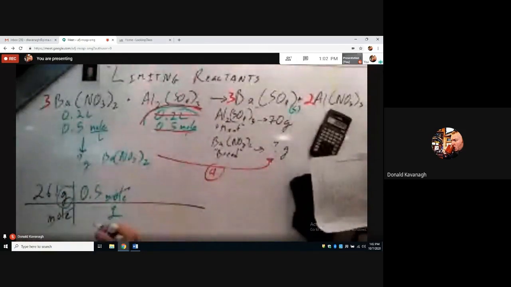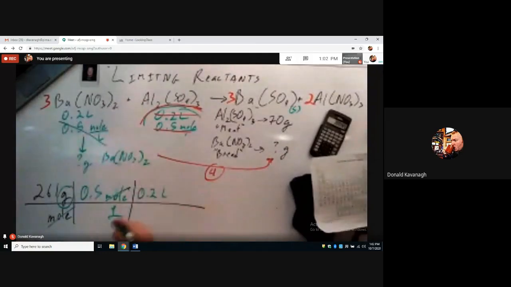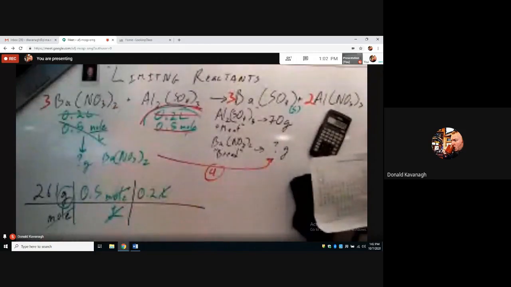This step in my scaffold, I want to cancel out liters, and I only have this in liters. I'm going to put this up here because the scaffold is guiding me to what needs to be canceled.